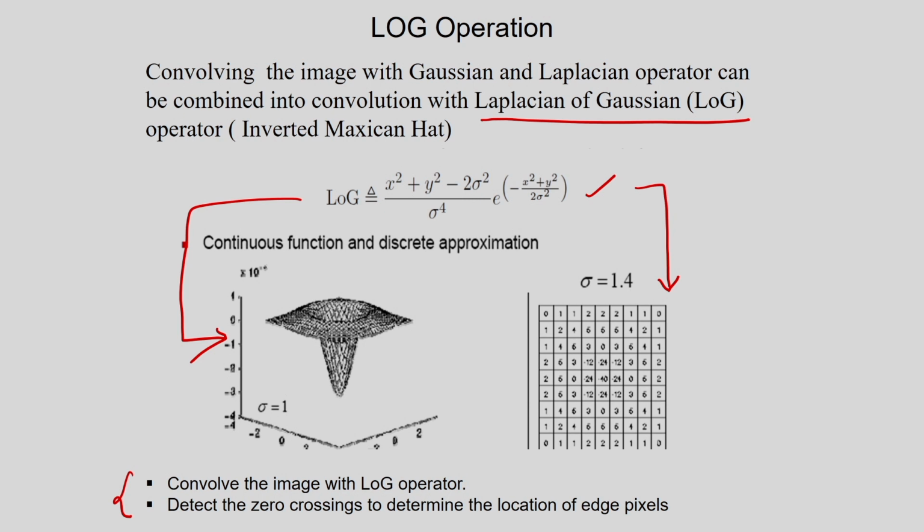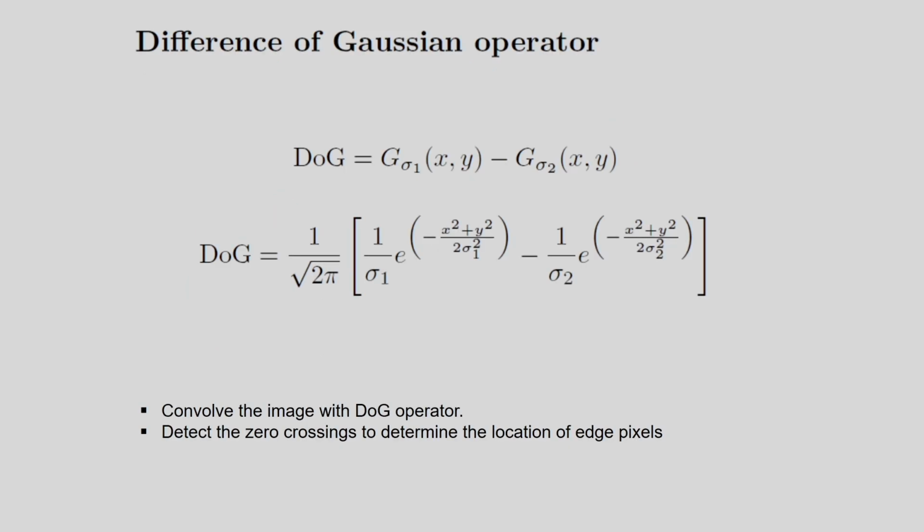The other operation I can explain is the difference of Gaussian operator, that is the DoG operation. Here you can see I am considering two Gaussian functions, the first function and the second Gaussian function, and you can find the difference of Gaussians. There are two parameters, sigma 1 and sigma 2. The procedure is very similar to the LoG operation.